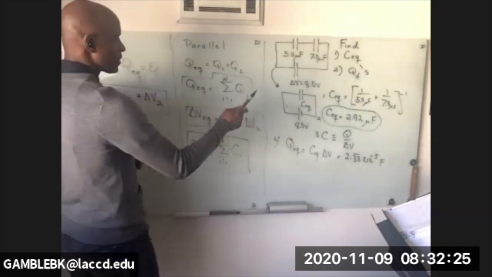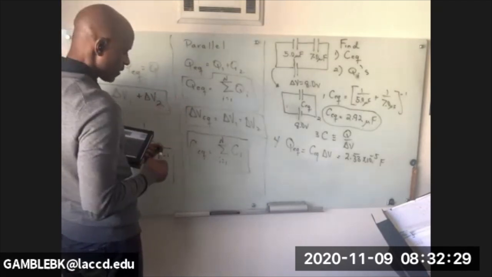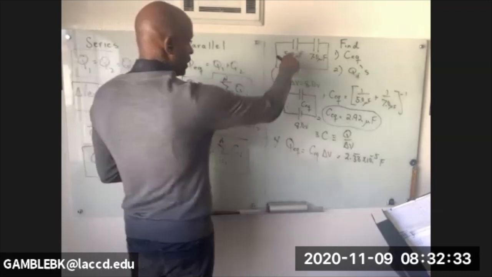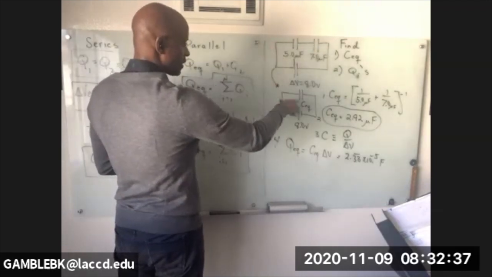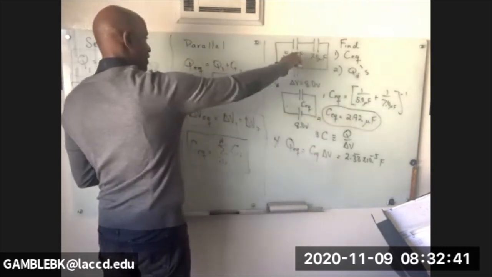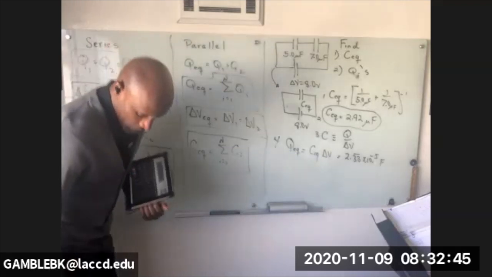Now, for capacitors in parallel, the charge splits. The charge of each of these 2 microfarad capacitors has to add to be the charge on this guy. So this 2.92 microfarads is going to split between those two capacitors. Now, here's the thing.